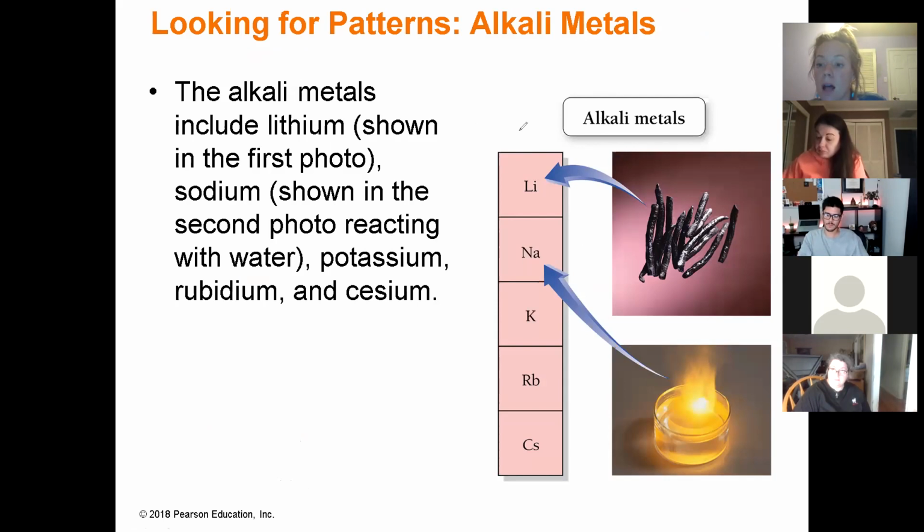So above this column, I want you to put a 1+. These tend to form a 1+ charge. Why? It has to do with the electrons and their shells and how full they are. We will get into that in chapter 9. So for now, you're just going to trust me and put a +1 above it.